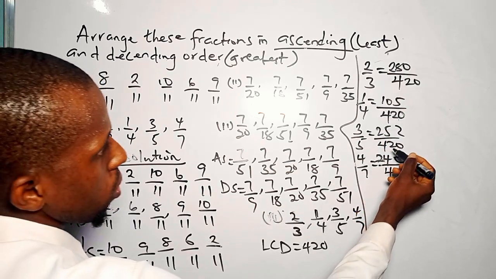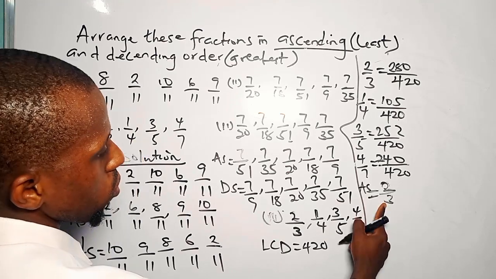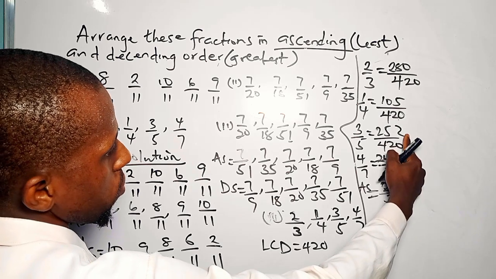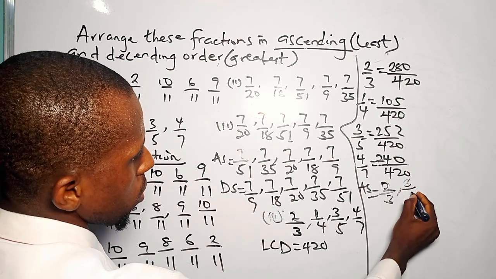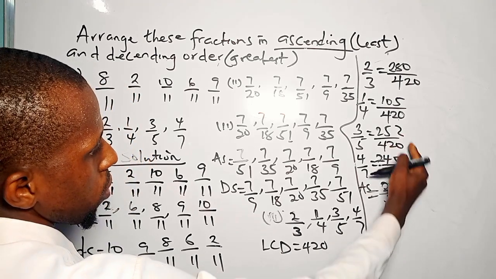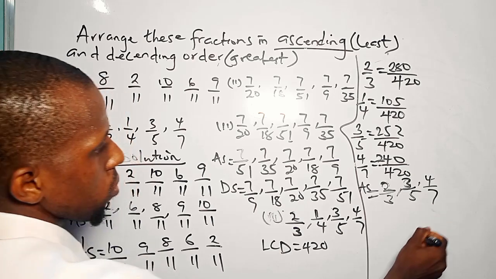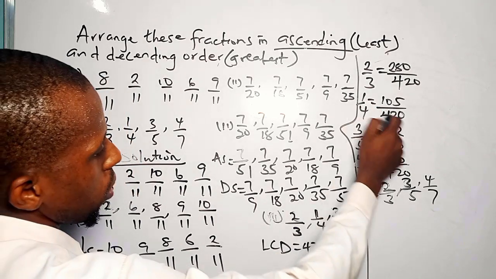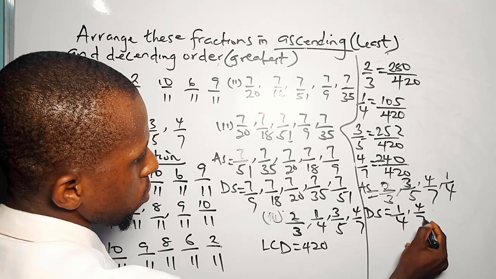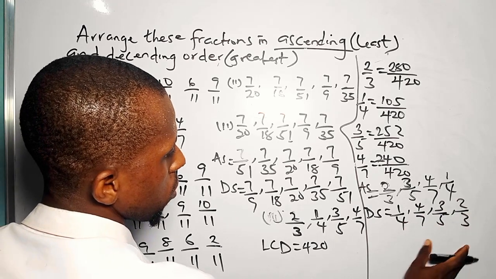When we look at this, 280 is the highest, so 2 over 3 comes first, followed by 252, that is 3 over 5, followed by 240, which is 4 over 7. The last one is 1 over 4. So in ascending order: 1 over 4, 4 over 7, 3 over 5, 2 over 3.